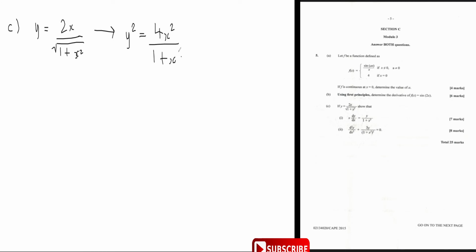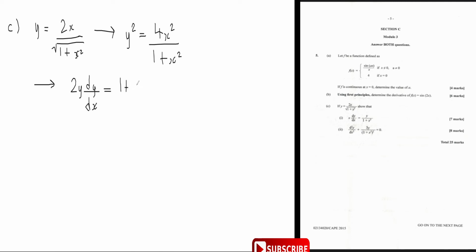Now it's easy for me to differentiate this. Carrying down the power, I get 2y times dy by dx. That's implicit differentiation.